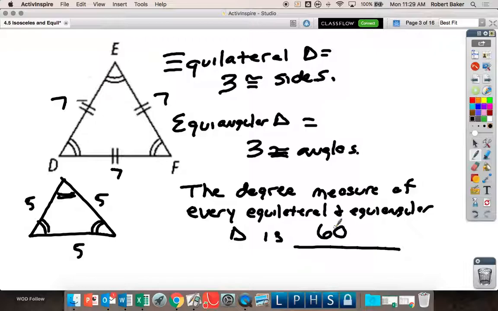Wait, no. Isosceles, because it has at least two congruent sides. Is this an isosceles triangle? Yes. Does it have two congruent sides? Yes. Does it have two congruent base angles? Yes. It is an isosceles triangle. Hold on now. So every equilateral triangle is an isosceles triangle, but not every isosceles triangle is an equilateral triangle.